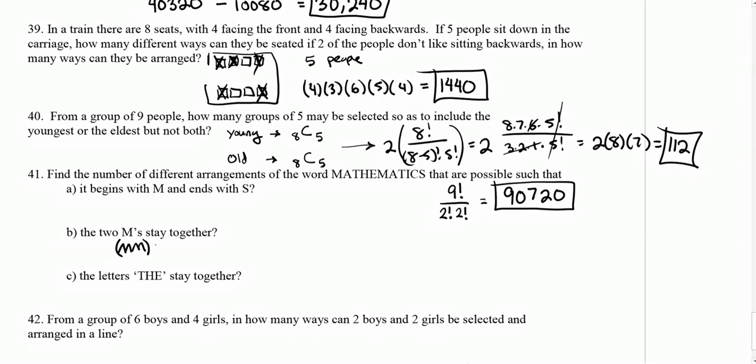So we still have an A, T, H, E. We put these 2 M's together, so we already used those. Got another A, T, I, C, S. So those are the letters we're looking at.